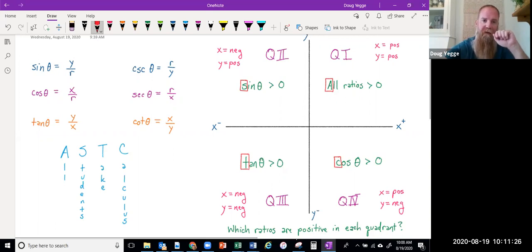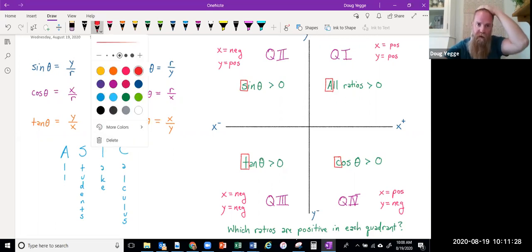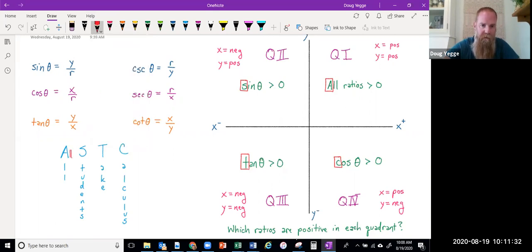So notice that this acronym just simply shows us that this is sine, this is tangent, and this is cosine. Okay. So with that said, we should also recognize that this implies that cosecant of theta in the second quadrant will also be positive because it's the reciprocal of sine.